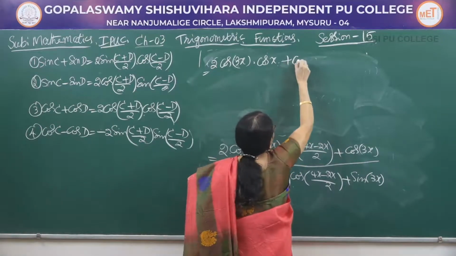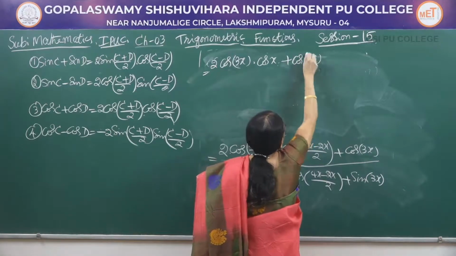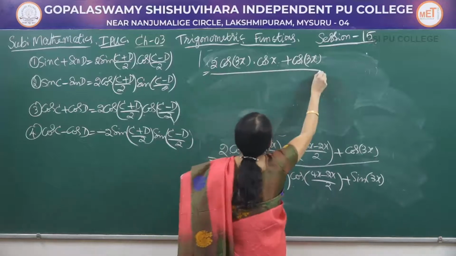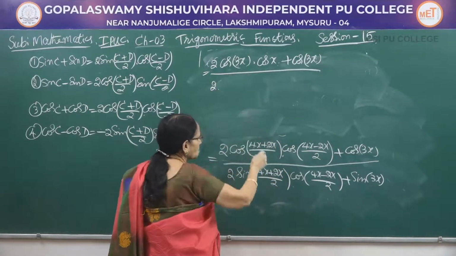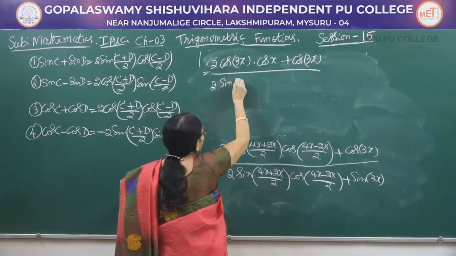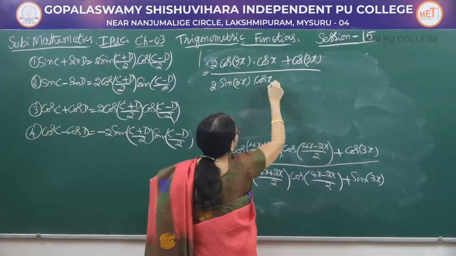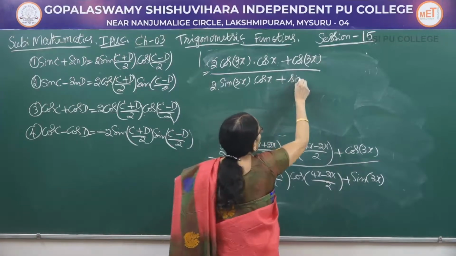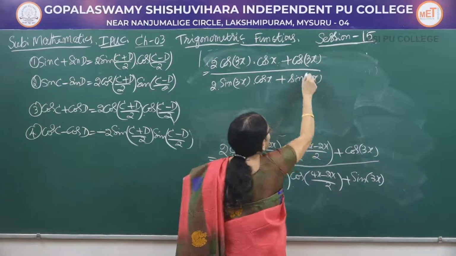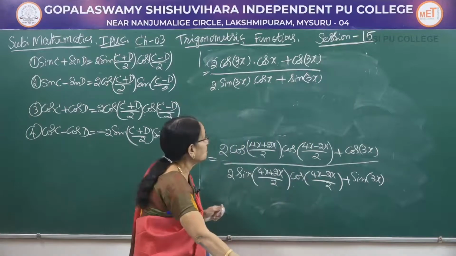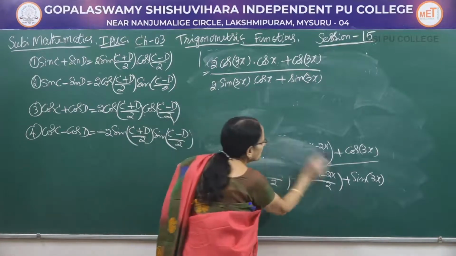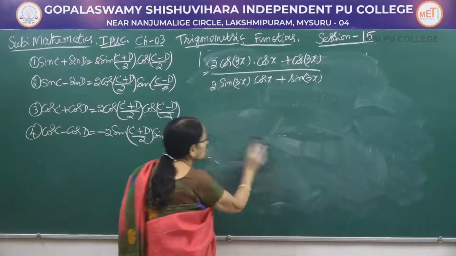And write the other one as it is, cos of 3x. Whole thing divided by 2 into the same angle, it is 2 sin 3x into cos x plus sin of 3x.